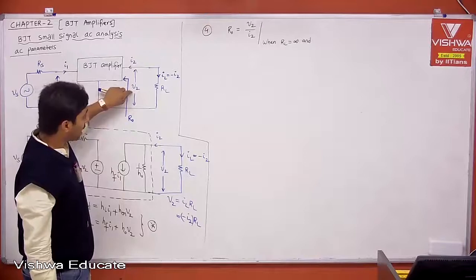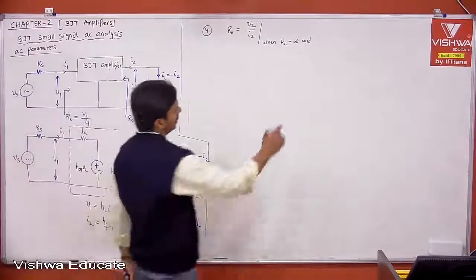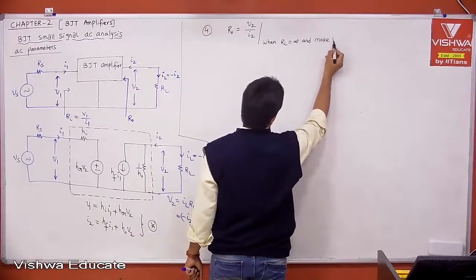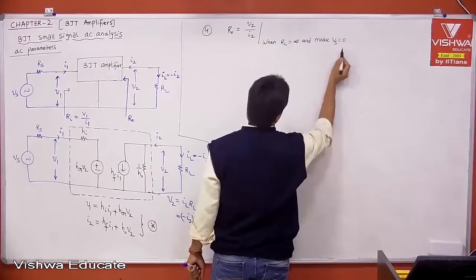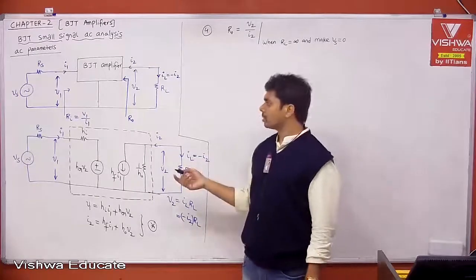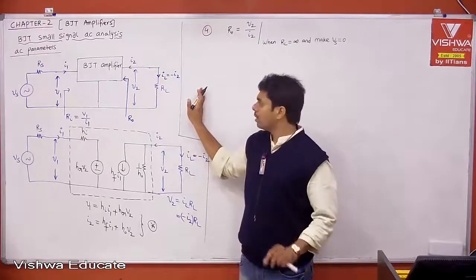To get it, I'm saying we have to make Vs 0. This is the definition. You may ask why make Vs 0? To find your output impedance. If I say V2 divided by I2, excluding the load, that is fine.